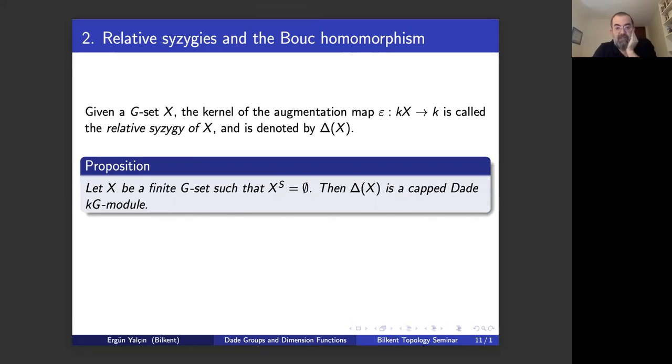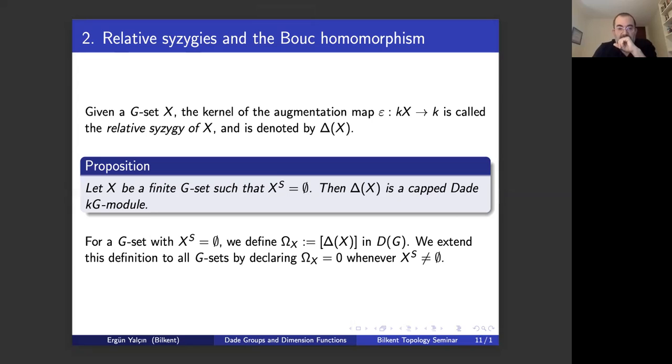When S-fixed points are empty, this Delta X is a capped Dade kG-module. This condition of S-fixed points being empty also appears in the p-group case, where, if you have only one copy of k, then it's not good, or things like that. Here we have a condition that S-fixed points should be empty on the G-set. Under that condition, you can define these classes omega X, and these omega X classes generate a subgroup of the Dade group.